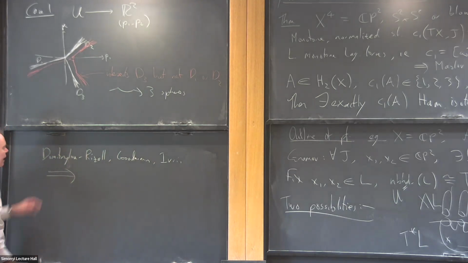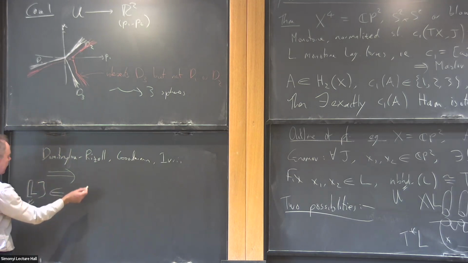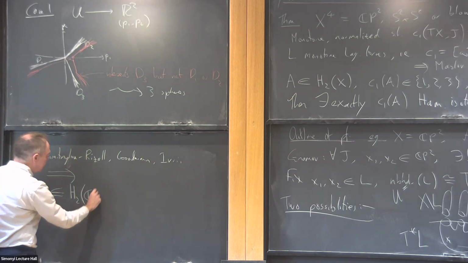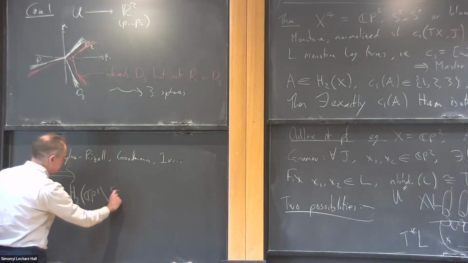They have various classification results of Lagrangian tori in cotangent bundles. It turns out if you have this arrangement, we can actually see that L is homologically non-trivial. So the homology class of L is not equal to 0 in the homology of CP2 minus those three spheres.